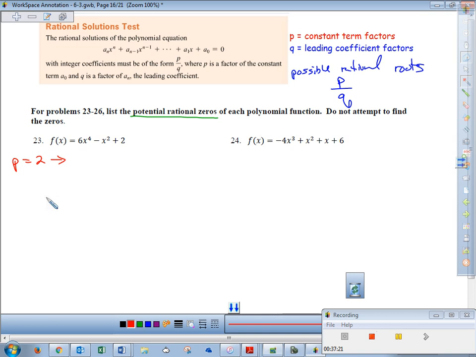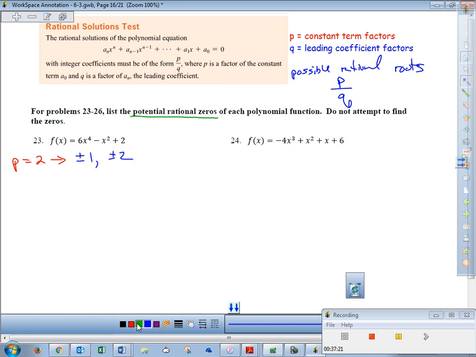Anything else, though? -1 and -2. So instead of writing it all down like that, you think positively: are 1 and 2 the only factors of that? Throw a plus or minus in front of them. Plus or minus 1, plus or minus 2. Those are all the factors. You'd have 1, 2, -1, and -2 as all the possible factors of P.